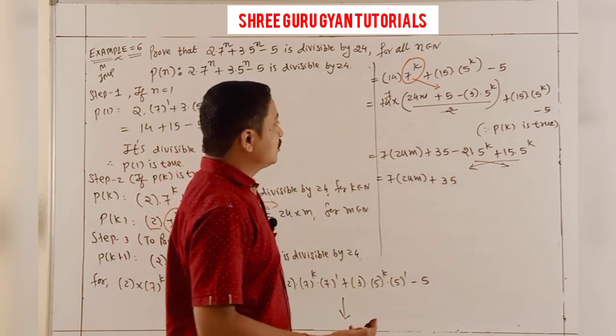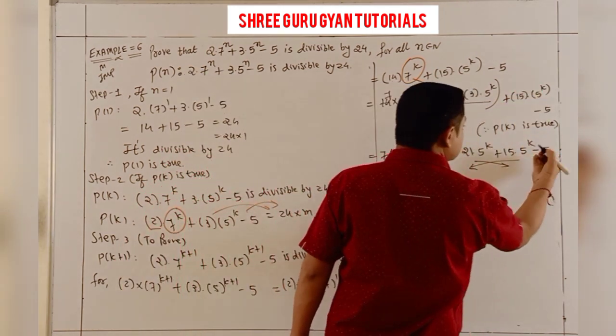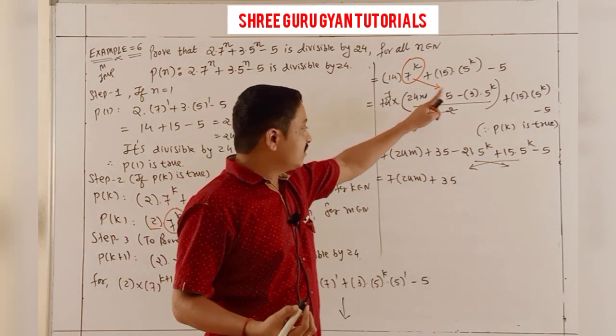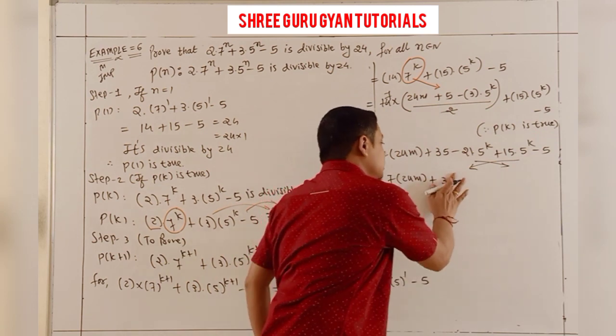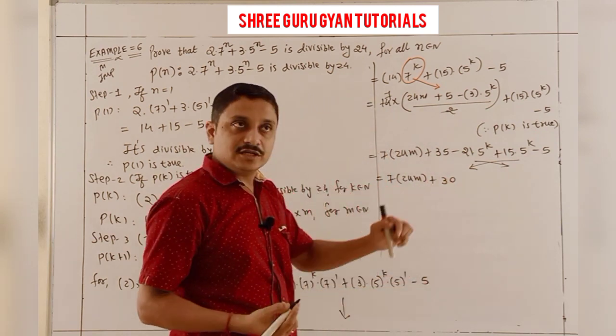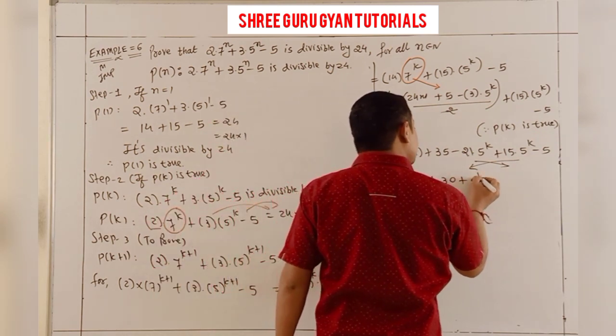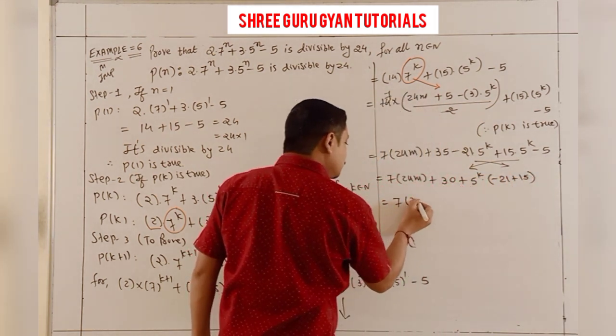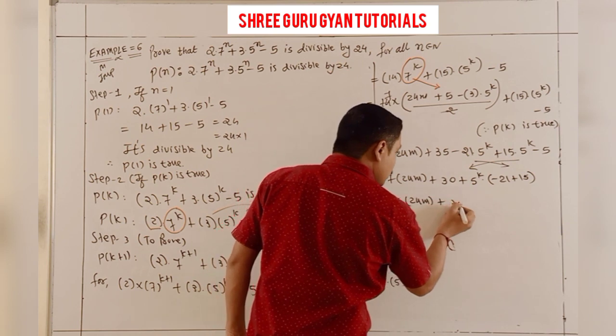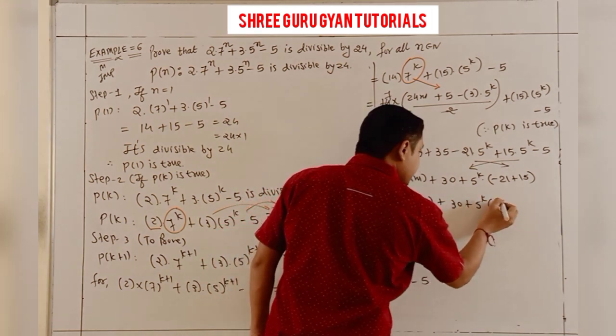And what value remains here, minus 5? Yes, 7 fives are 35, 21, 15 and minus 5. 35 minus 5 gets 30. And here, taking 5 raised to k common, minus 21 plus 15, that is also known. What is that? It is minus 6.